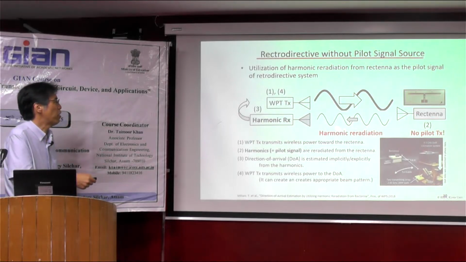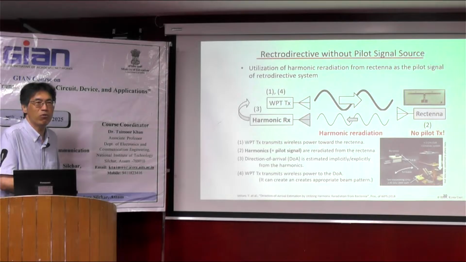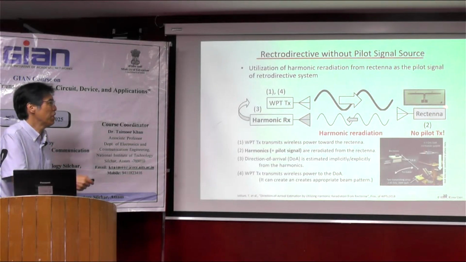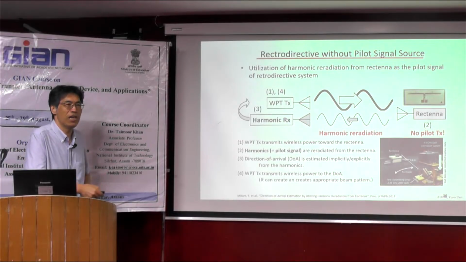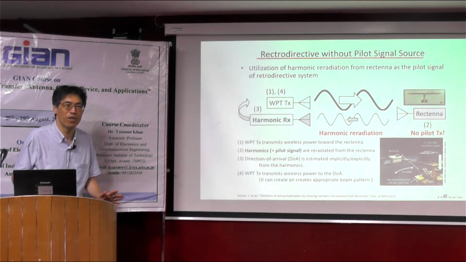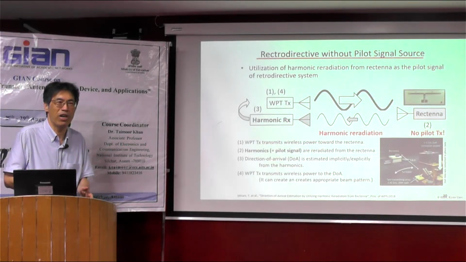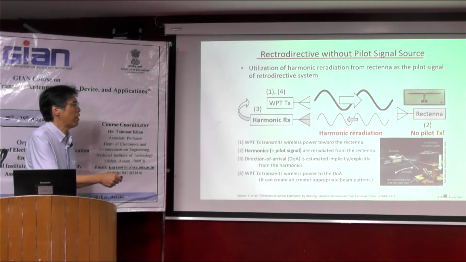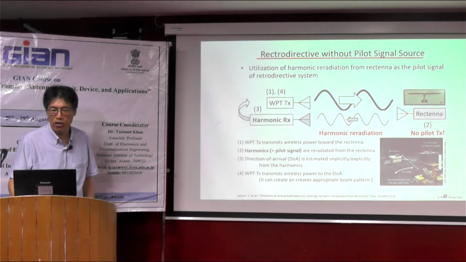So we propose to reuse this harmonic re-radiation from the rectifier as a pilot signal. In this sense, at the receiver, at the user, there is no extra power source. They have only the rectenna to receive the microwave power, and this rectenna automatically creates the pilot signal. So we proposed it, and we carried out the experiment.